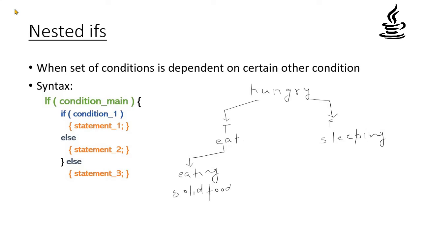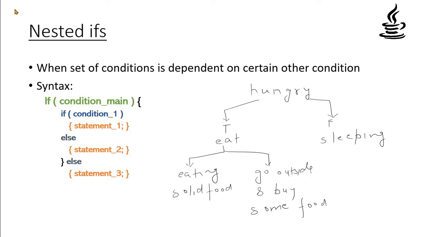But if there is nothing to eat, then we will go outside and buy some food. So we have these two conditions, whether there is anything at home to eat or not.